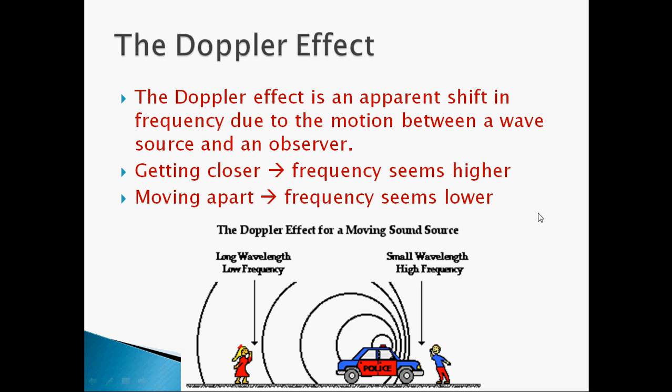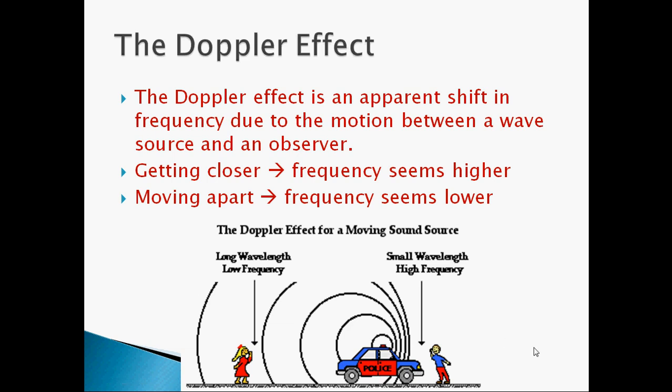And you can envision this using this little picture right here. We've got a police car that's emitting sound waves. As the police car is moving forward and emitting the sound waves at the same time, we can almost imagine the sound waves getting scrunched together here on the right as the car is driving forward into the same waves that it already just emitted.